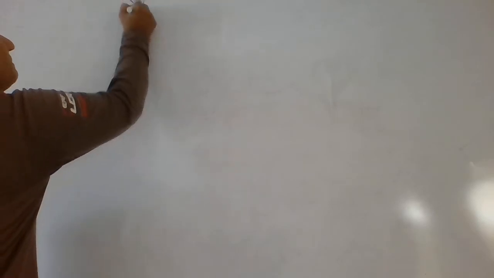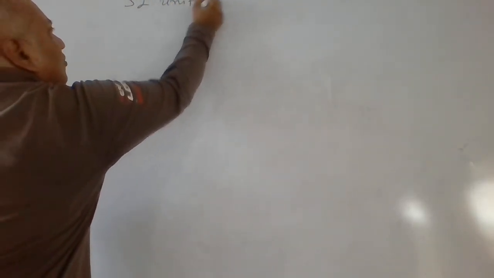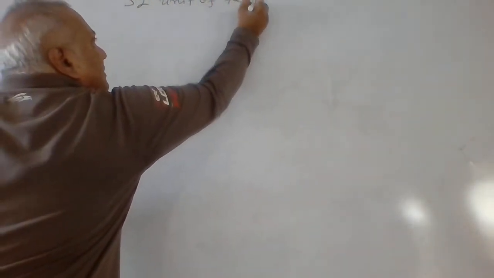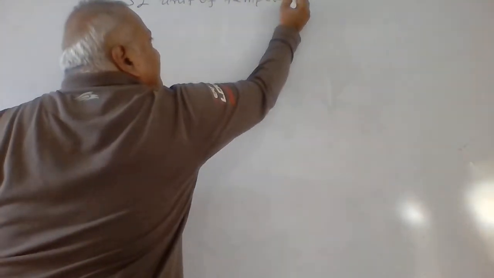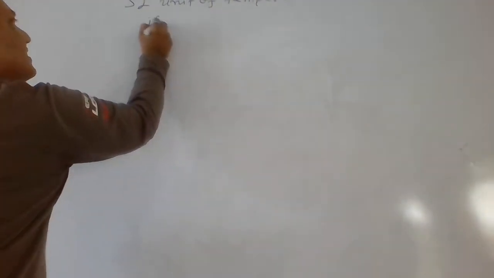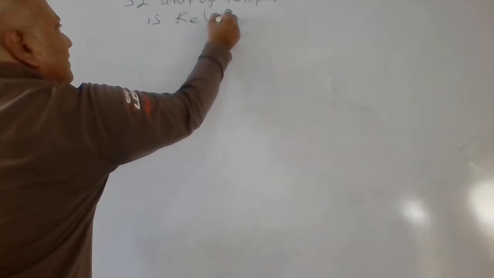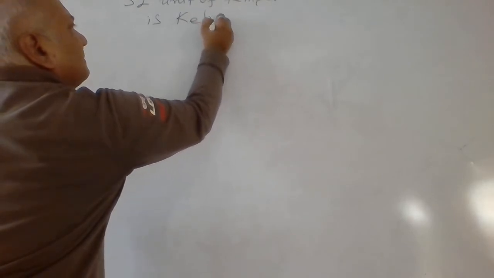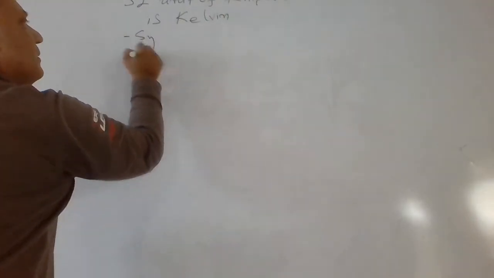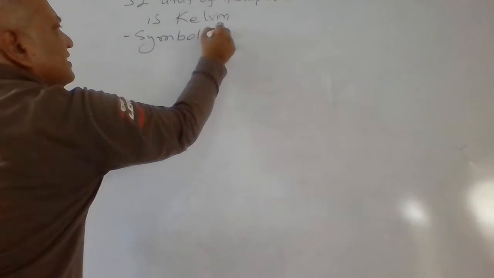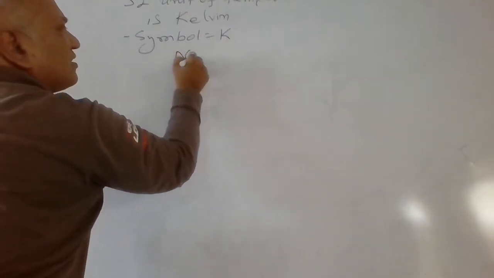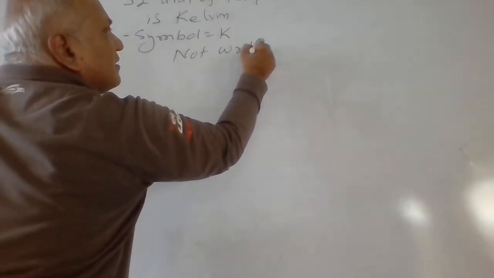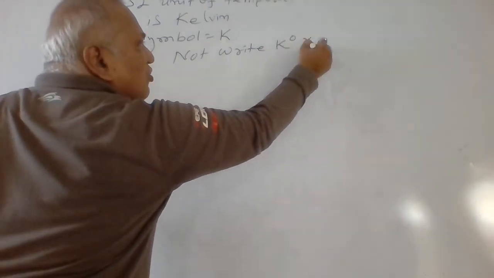So there are three types of units, and the SI unit of temperature is Kelvin. Its symbol is K. Beta, do not write it like K with a degree sign, it is wrong.